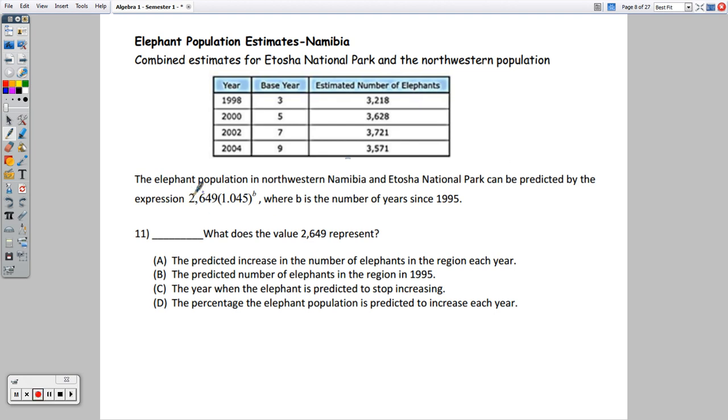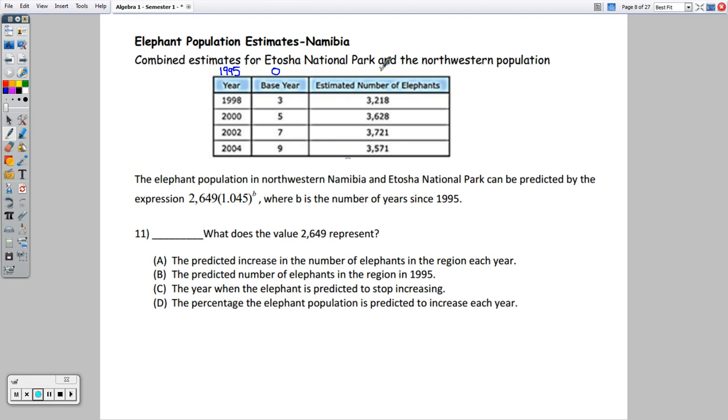This is your initial value. This is your ratio. Looks like 1 plus 0.045 is the idea there, and then to the b power, b is the number of years since 1995. So here's 1998. This is 3 years after 1995. So if we were to continue this up, 1995 would be the 0 year.